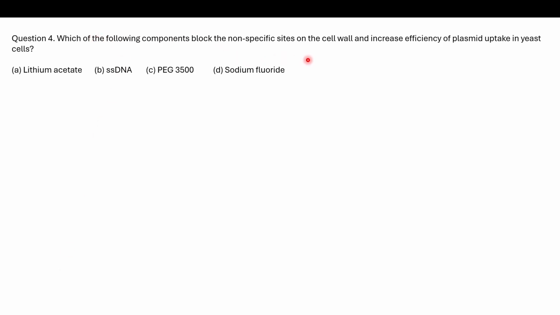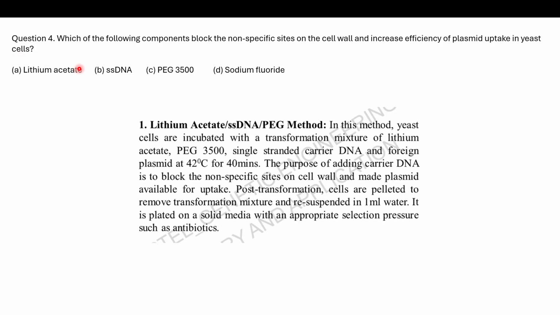Which of the following components block the non-specific sites on the cell wall and increase the efficiency of plasmid uptake in yeast cells? Okay, so for yeast cells, it is mainly lithium acetate, PEG 3500, single stranded carrier DNA, and foreign plasmid at 42 degrees Celsius for 40 minutes.